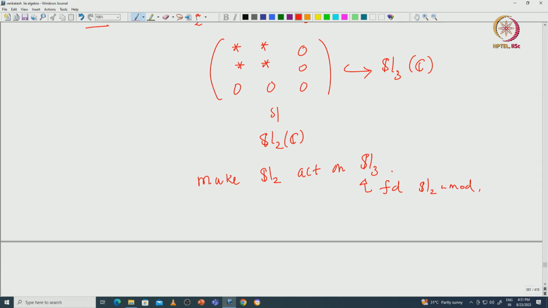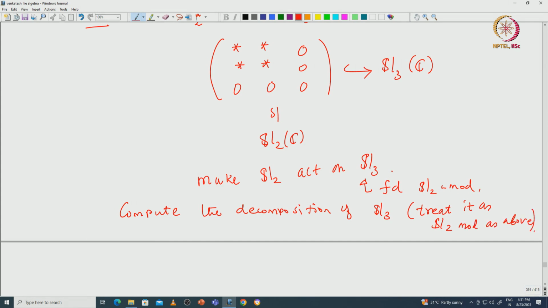You can try to compute the decomposition of this finite dimensional module: compute the decomposition of SL3, treated as an SL2 module as above. This is something I am not doing; I expect you to do it.